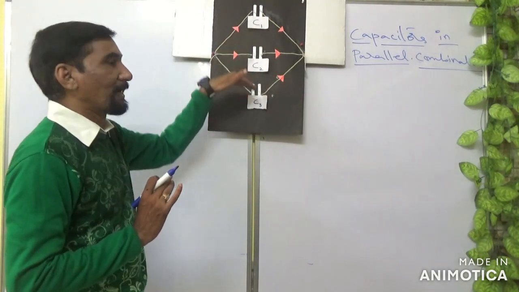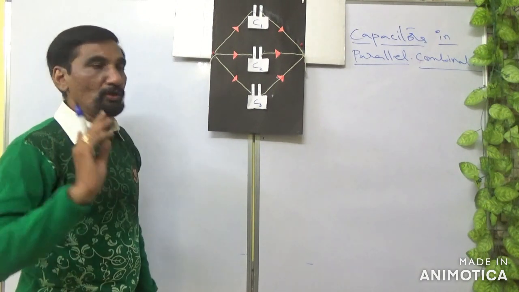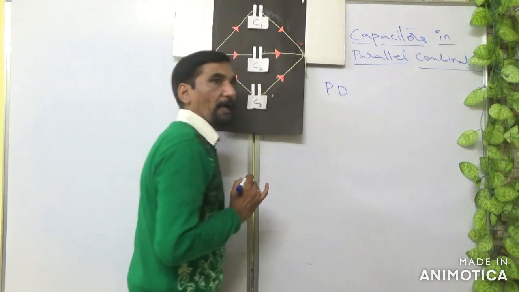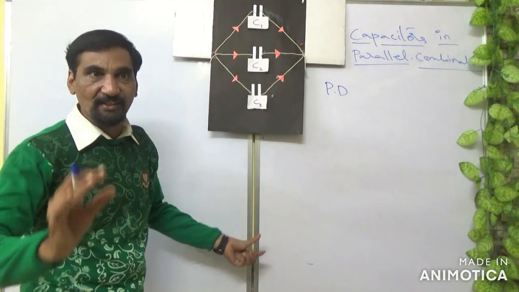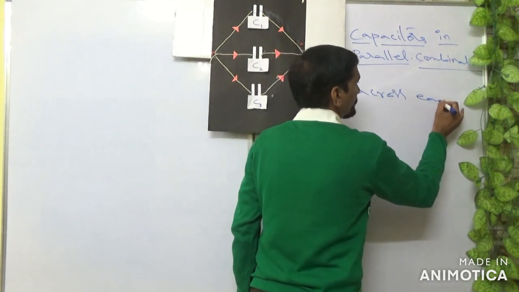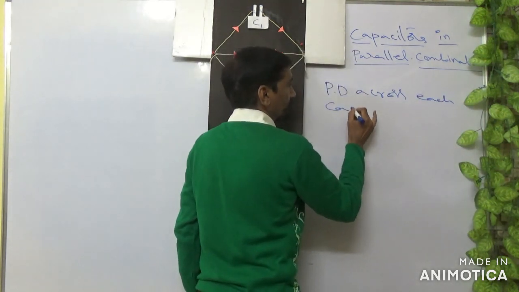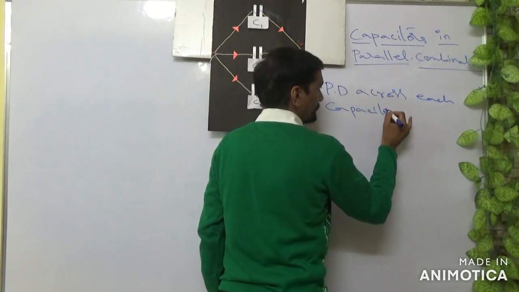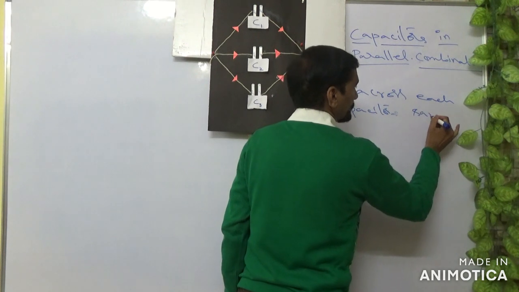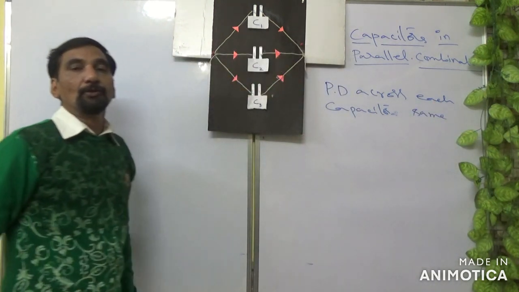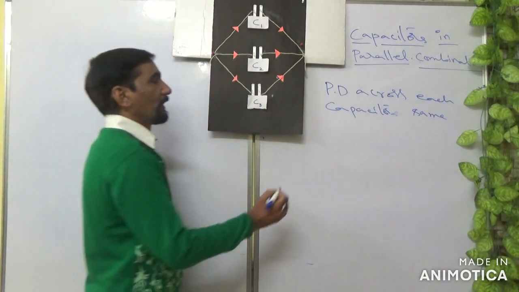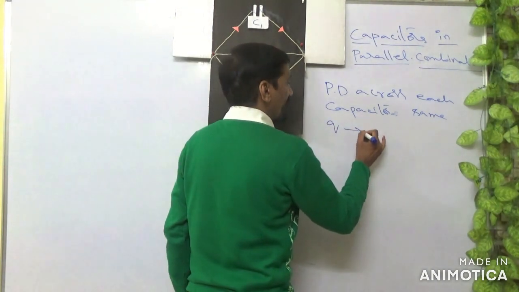So, in case of parallel combination, you need to remember that potential difference across each capacitor remains same and Q is divided.